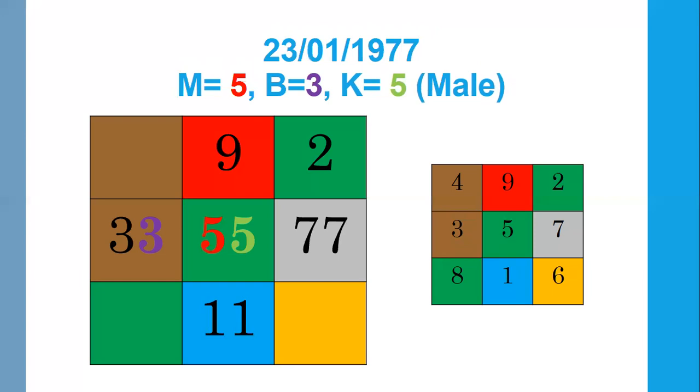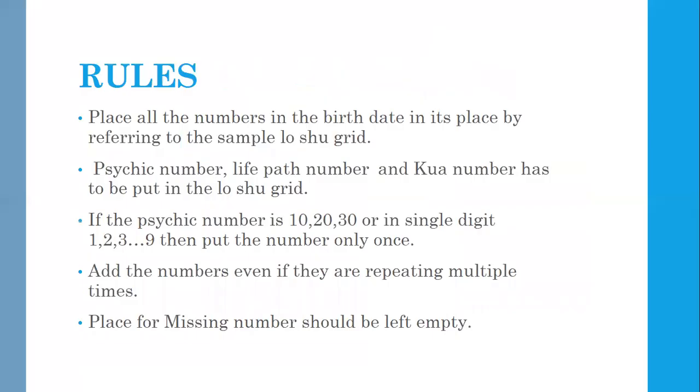This way, you fill all the boxes by referring to the original Loshu grid. Place all the numbers in the birth date in their places by referring to the sample Loshu grid. The psychic number, life path number, and Kua number have to be put in the Loshu grid.